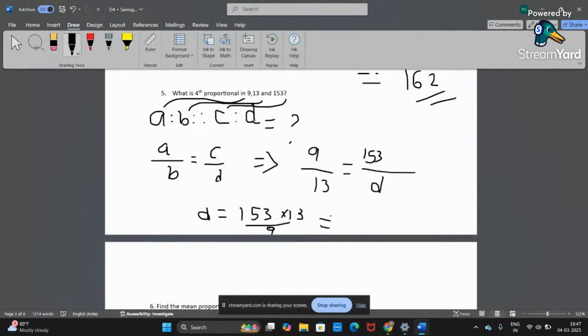Find the fourth proportion. This one, 9 ones are 9, 9 17s are 153, right?